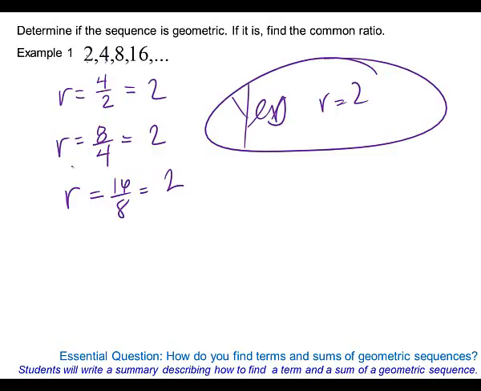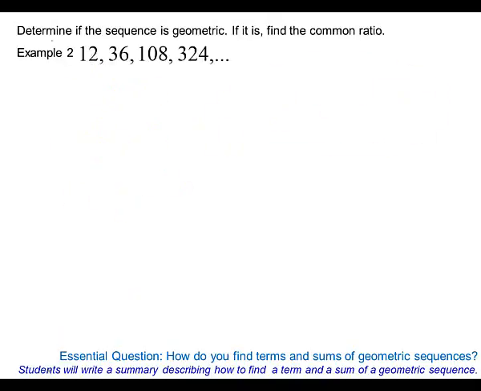All right. I want you guys to try, everybody try example 2. You may need your calculators, that's okay. So find your ratios on that one, your first 3.